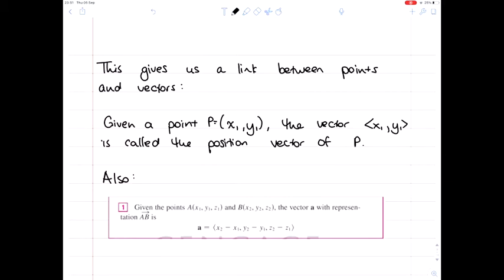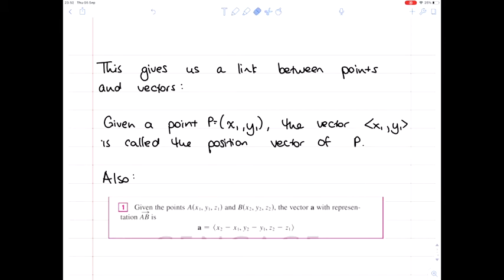So this gives us a link between points and vectors. Just to clarify, if we're given some point x1, y1, then the vector x1, y1 is called the position vector of P. It tells you how to get from the origin to the position of point P.